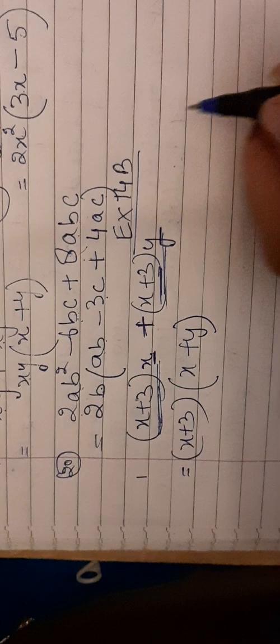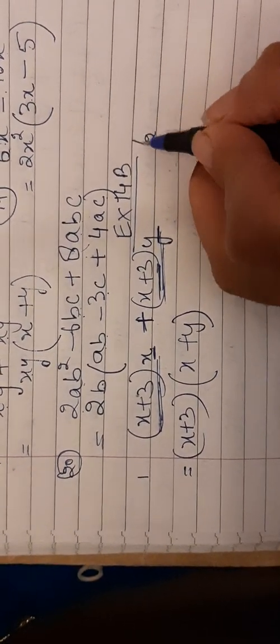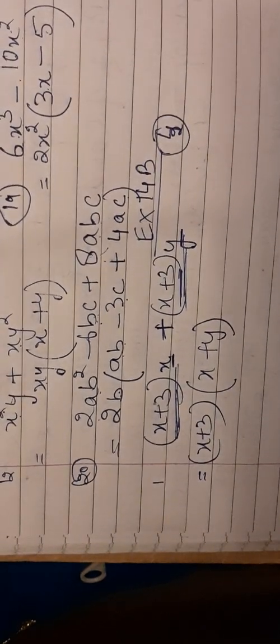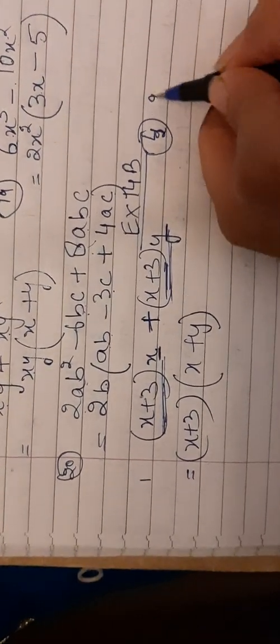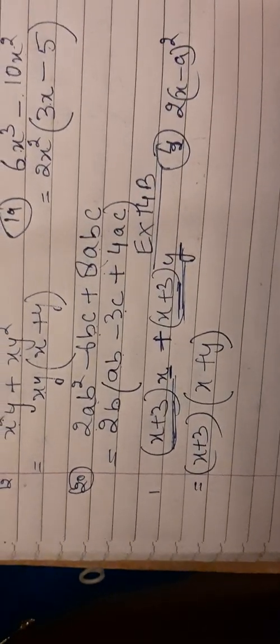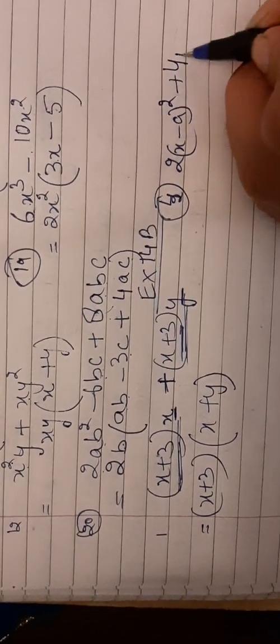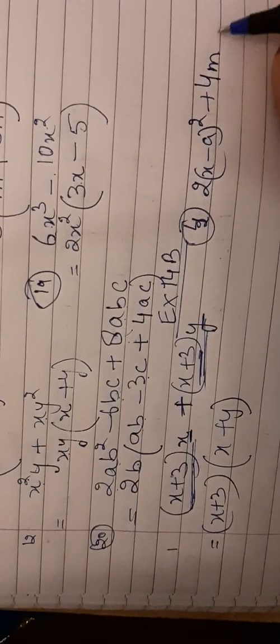Now I am taking your fourth question. Fourth question is 2 times x minus a whole square plus 4m times x minus a.